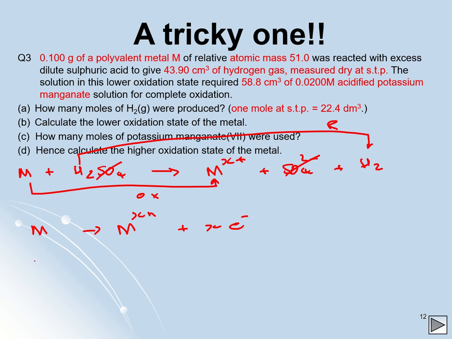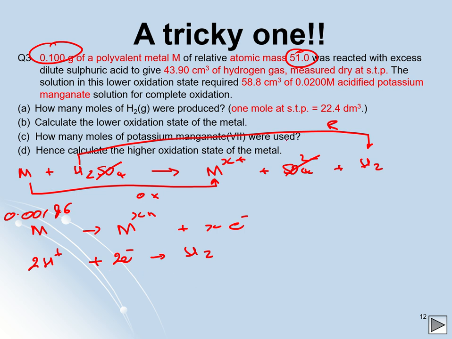The hydrogen ions in the acid will gain 2 electrons to form hydrogen gas. We do know that from past experience. Let's work out the moles: we know the mass and the atomic mass of the metal. The moles of the metal we can work out quite easily as 0.1 divided by 51, so the moles of the metal come out at 0.00196.